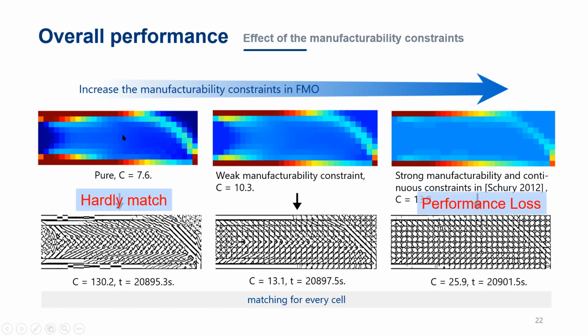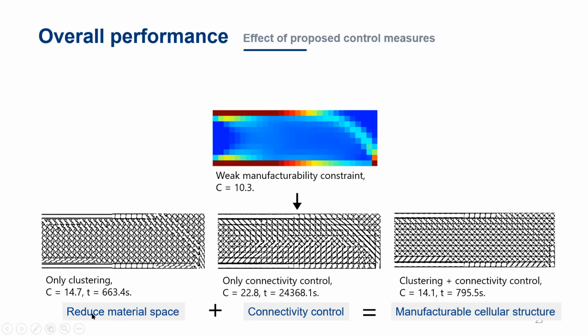And it's hard for the extreme elastic tensors from pure FMO to match the equivalent microstructures. Therefore, we impose weak manufacturability constraint, reduce the computational cost by clustering, and then add the connectivity in microstructure embedding. At last, we get manufacturable cellular structure of valid geometry.